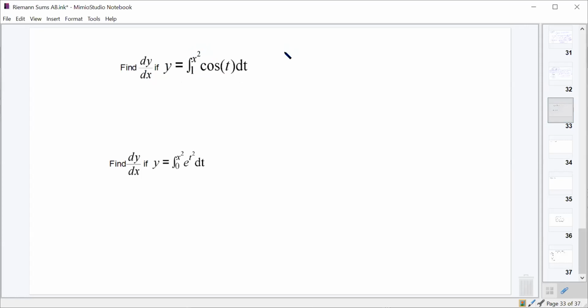So let's call capital F the antiderivative of cosine t. Using the second part of the fundamental theorem of calculus, what is this integral equal to if capital F is the antiderivative of cosine t?